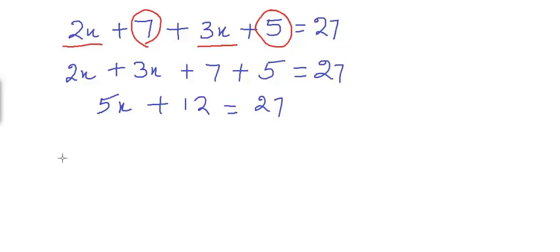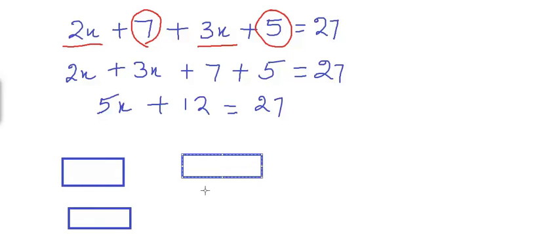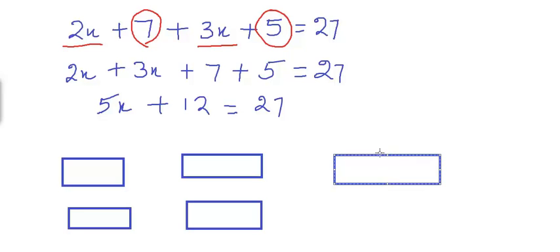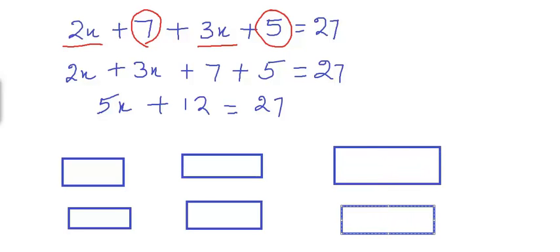Following the steps which we learnt in equation 1, we draw a flowchart and build an expression. We start with x and multiply it by 5, giving us 5x.